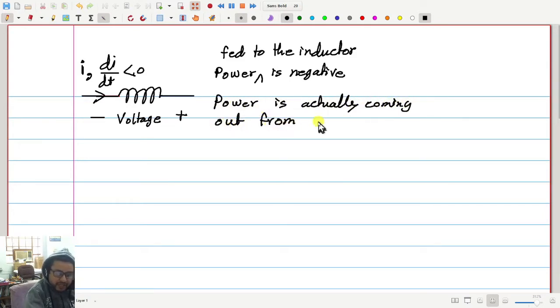That means the stored energy in the inductor is decreasing, and that is true because half L I square, that quantity is decreasing.